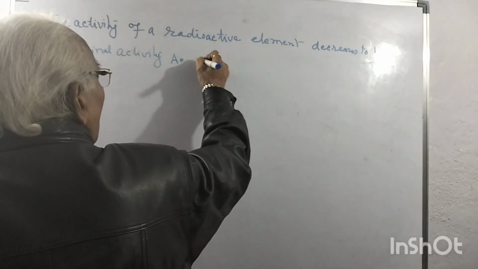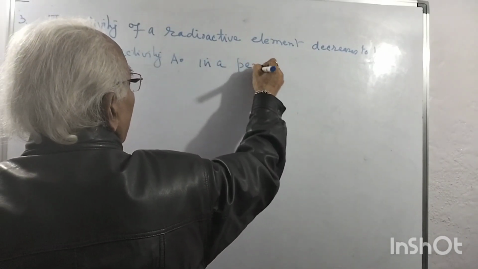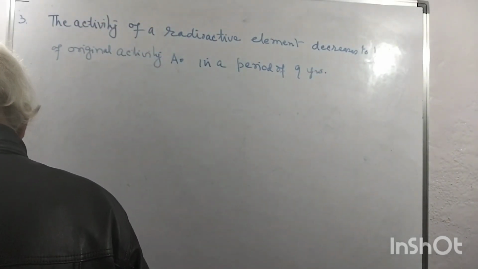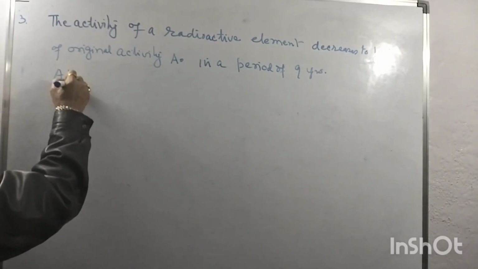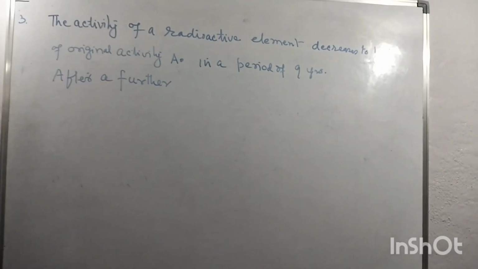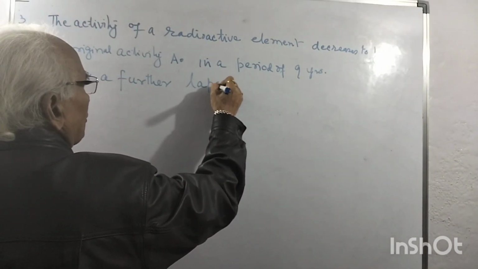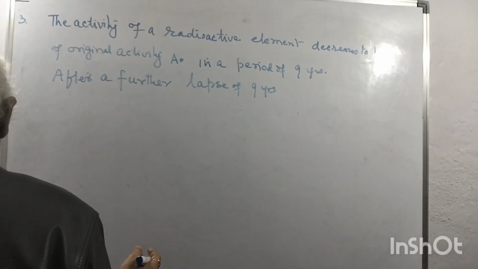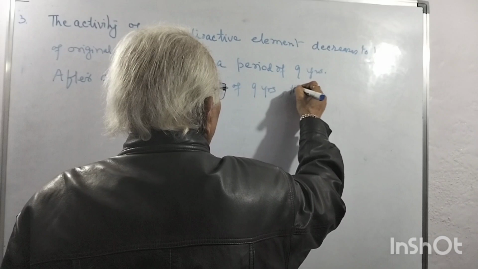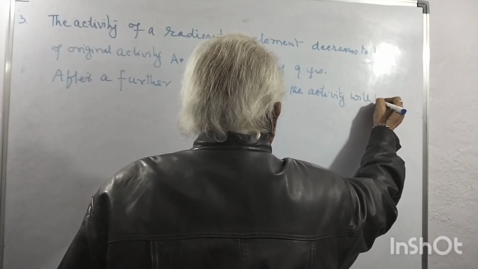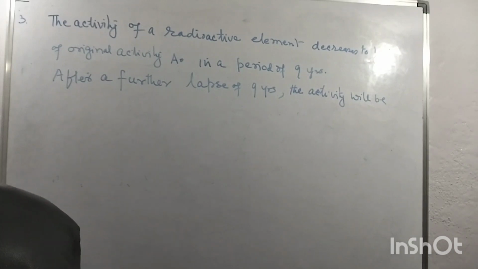Now, in a period of 9 years, after a further lapse of 9 years, the activity will be... The activity of a radioactive element decreases to 1/3 of the original activity.